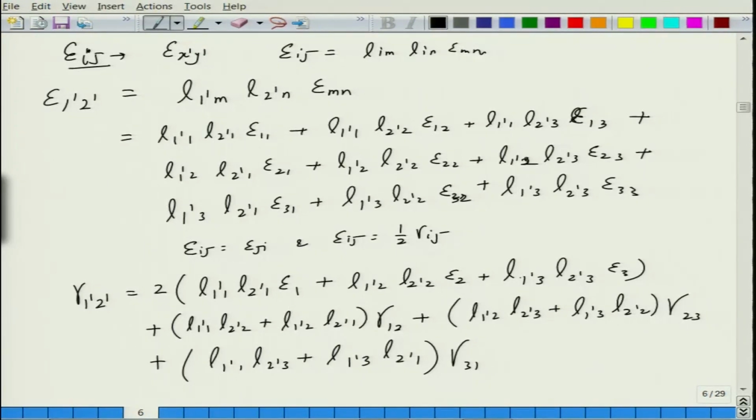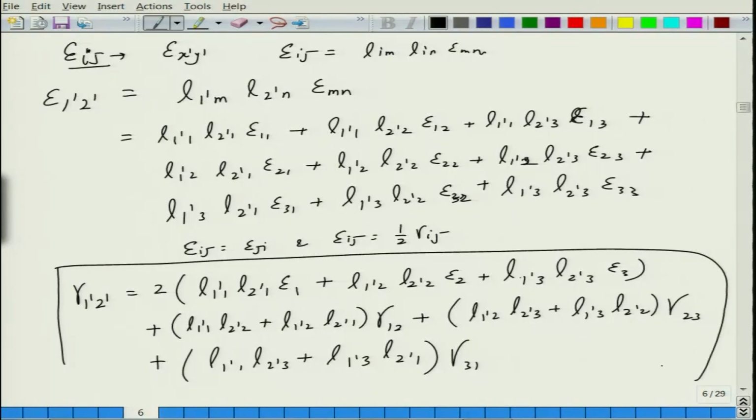So, this will be the full expansion for gamma 1 prime 2 prime.